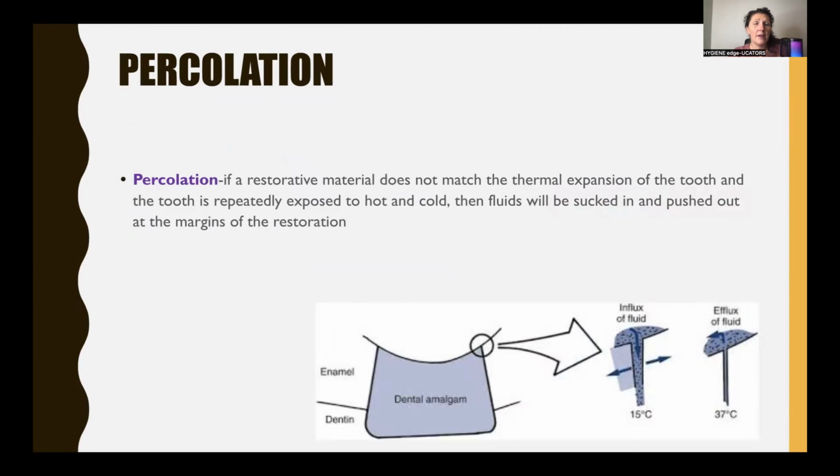So we want something that has the same thermal expansion for a restoration as the tooth. Otherwise, we get potentially an influx of fluid as the composite material has shrinkage because of the cold. Then the space opens up, and then we get percolation. Then we can get microleakage. Then we can get recurrent caries.